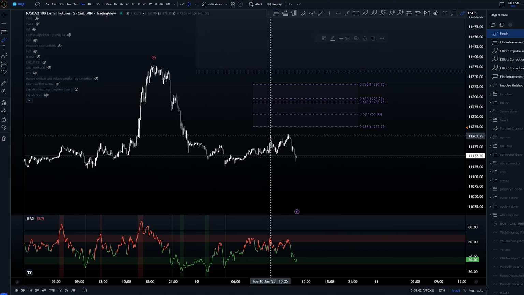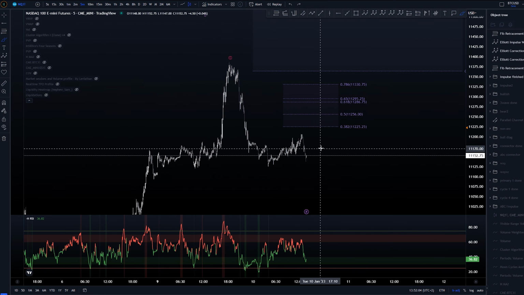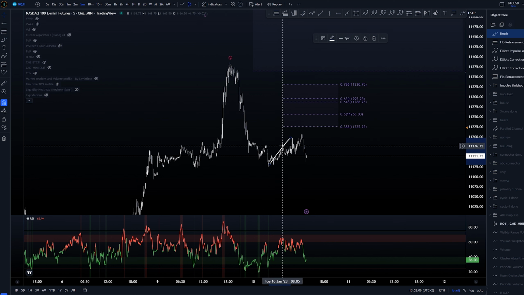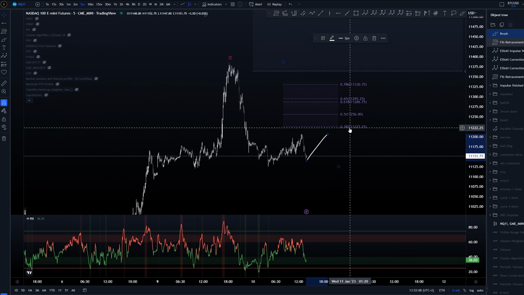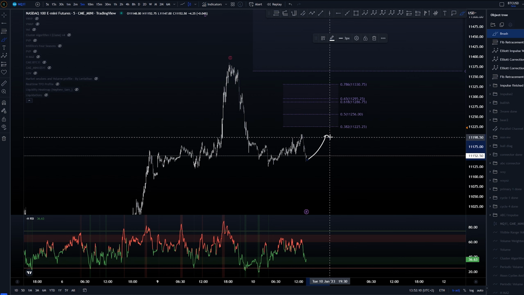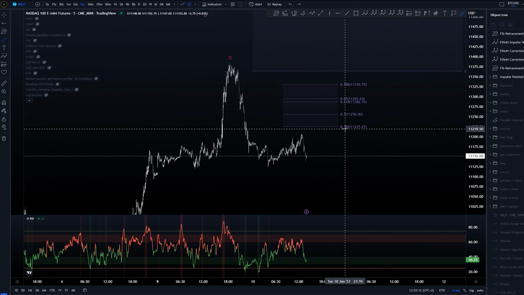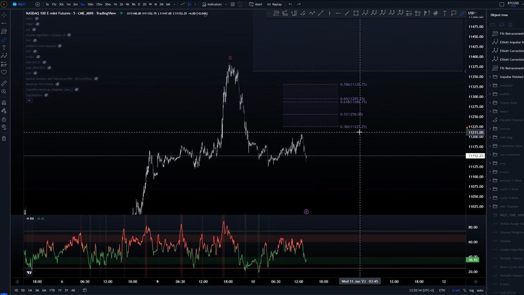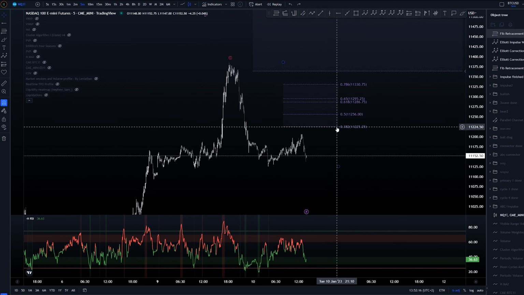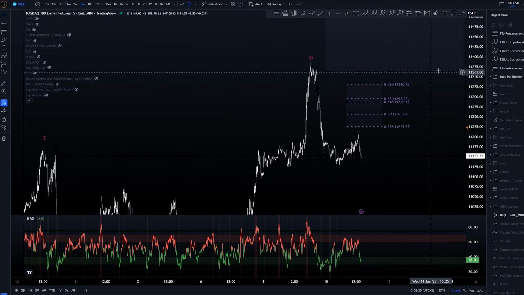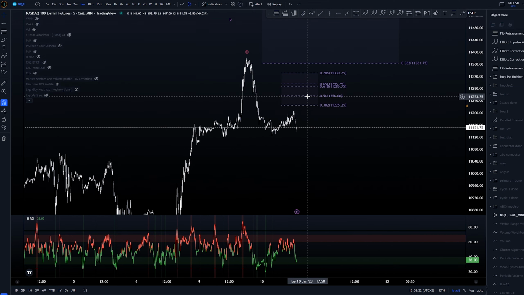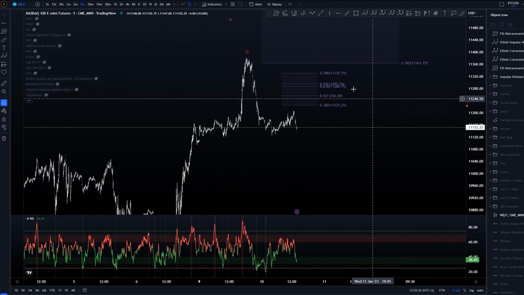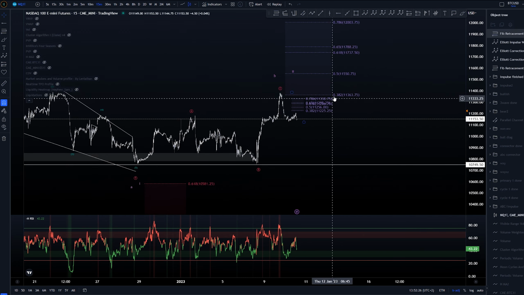So again, that would fit the idea of this being expanded flat in the middle before getting that leg up. But yeah, I would hope this leg up, if it actually happens, goes beyond the 11,225, and then gives us some kind of possibility at least to enter this short. Otherwise, I'm not going to be FOMOing in, although we have not really moved too much to the downside yet.